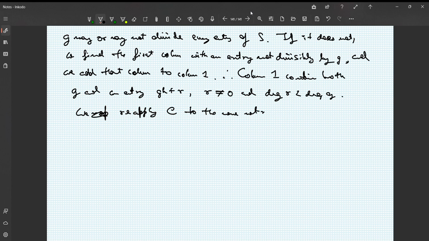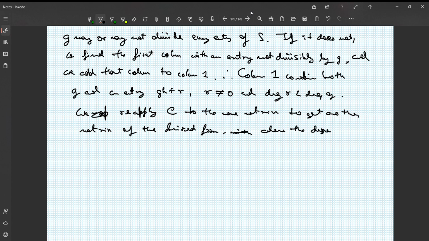Suppose this procedure is denoted as C. We reapply C to the new matrix to get another matrix of the desired form, with the degree of the corresponding G decreased, right?